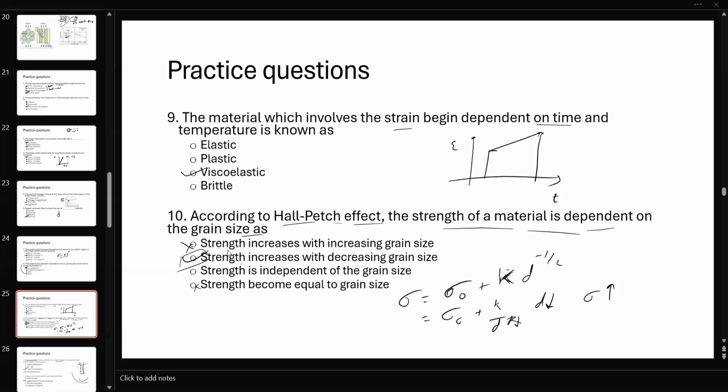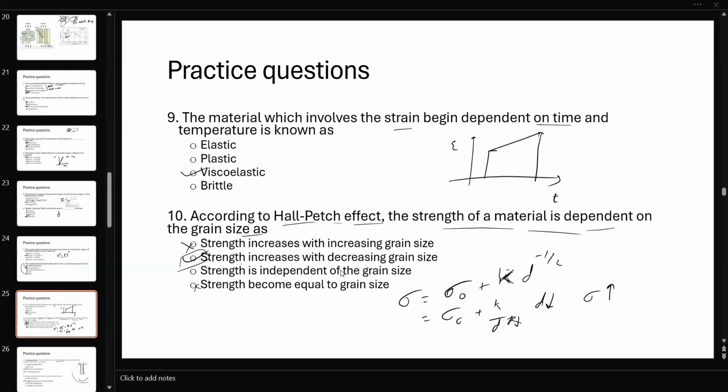If grain size d is increasing, this term will decrease, so strength decreases. Opposite, if grain size decreases, this term increases, so sigma will increase. Strength increases with decreasing grain size.